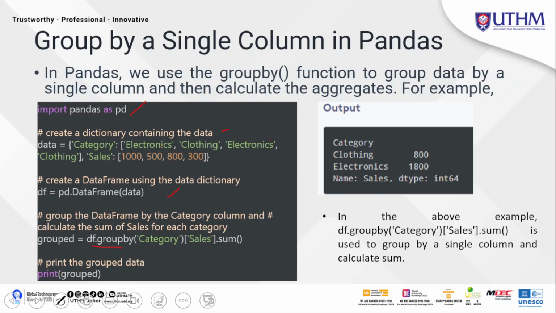The sales column will be joined for electronics and clothing. So they will calculate how much is the sum of sales for clothing and how much for electronics. So this is why we use the group by function.